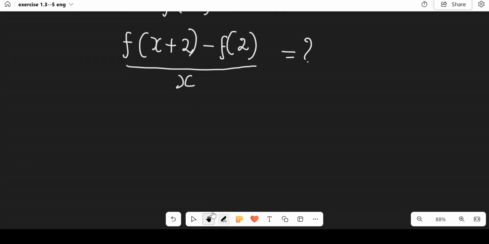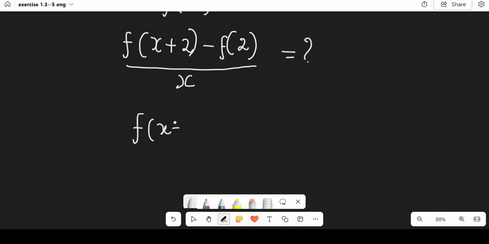Now, what is f of x plus 2? F of x plus 2 is equal to, we need to apply in this formula. Given formula is f of x is equal to 2x plus 5.